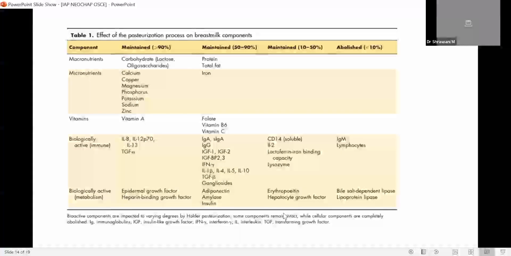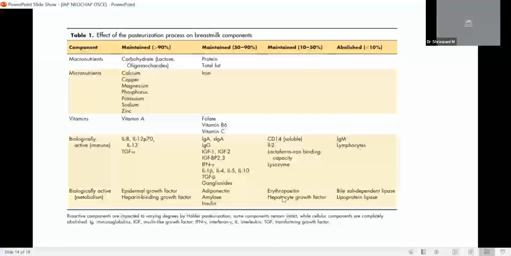This is a table you can see. Maintained at more than 90% even after pasteurization of breast milk are carbohydrates like oligosaccharides. Whereas protein is reduced, maintained at 50 to 90%. What is completely abolished are the cellular and immune components like IgM, lymphocytes, and bile salt lipases, lipoprotein lipase.